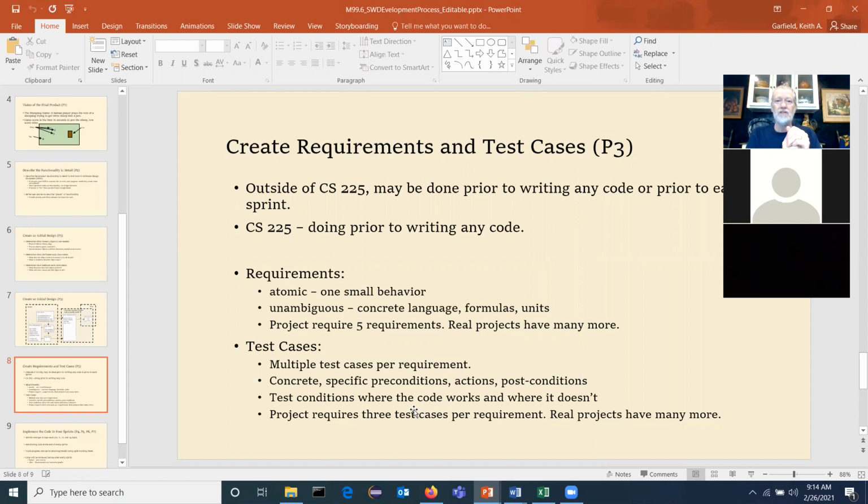And then unambiguous. Why does it have to be unambiguous? Because we have to ultimately test these requirements. And if it's an ambiguous requirement, then there's no clear pass-fail criteria for the test. You should always ask yourself, is this testable?